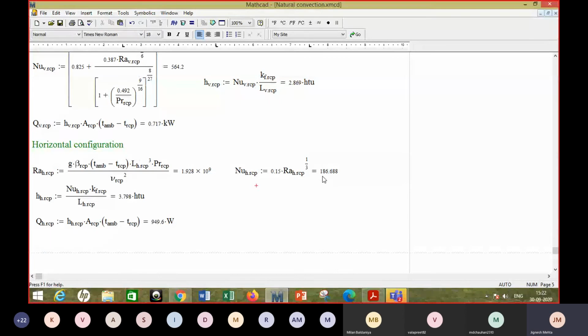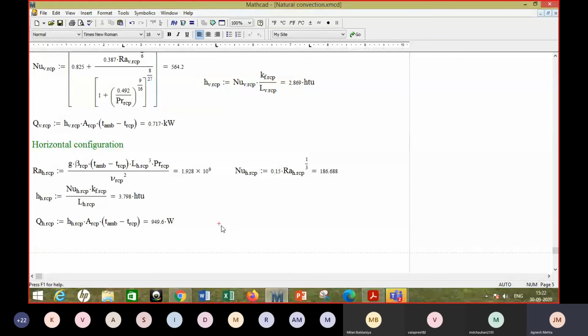So it comes out to be 187 or so. H value again is small, but higher as compared to the vertical plate, around 3.8, and your heat transfer rate would be 949 watts. So that was just 717 watt there, and here it is a bit higher.